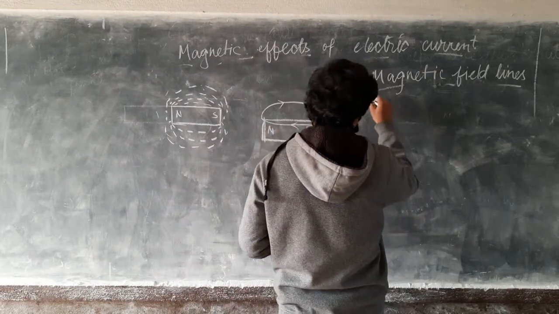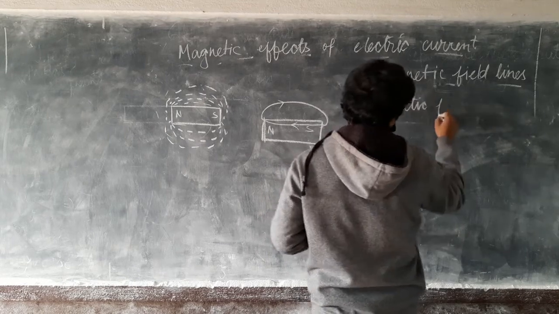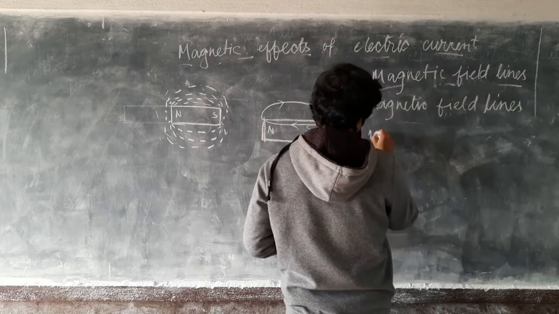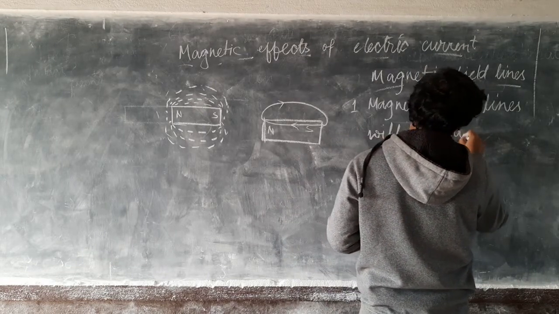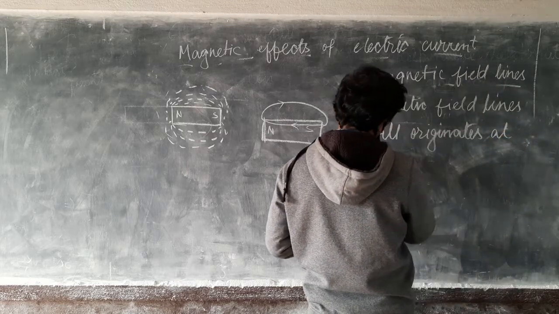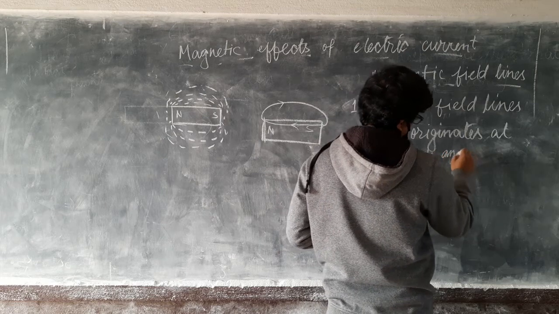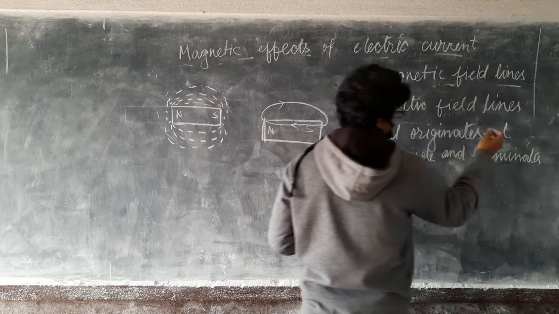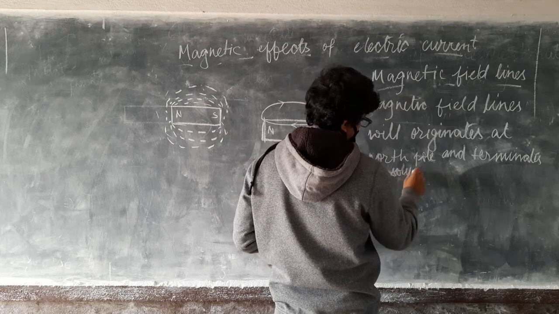What was the first one? Magnetic field lines will originate at the north pole and terminate at the south pole.